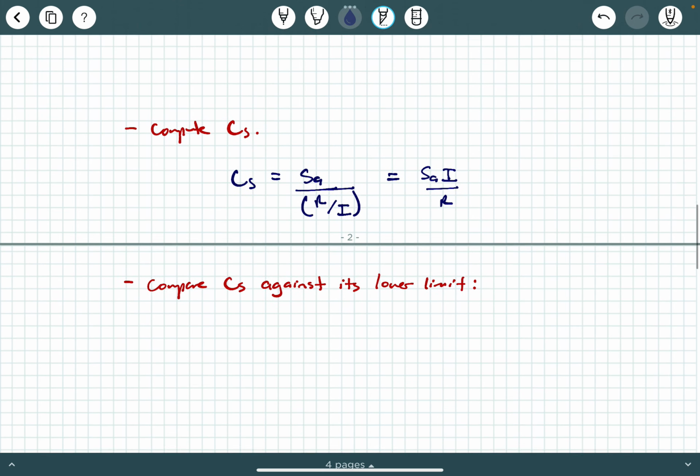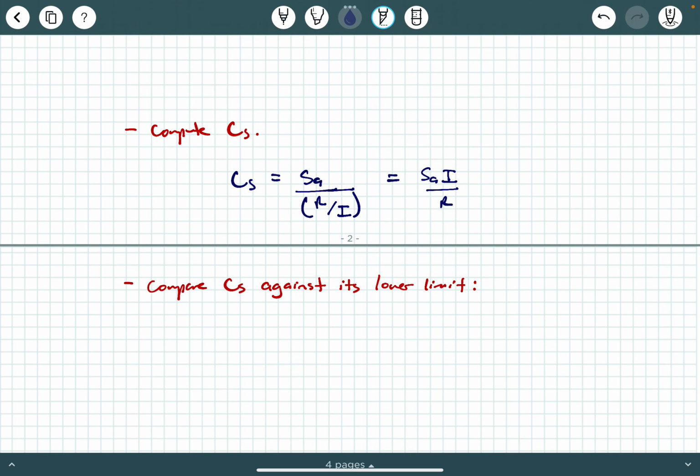The next thing we do in method 1 of determining C sub S is compare the C sub S we just calculated against its lower limit. If you have your ASCE 7 open with me, let's find the C sub S lower limit.